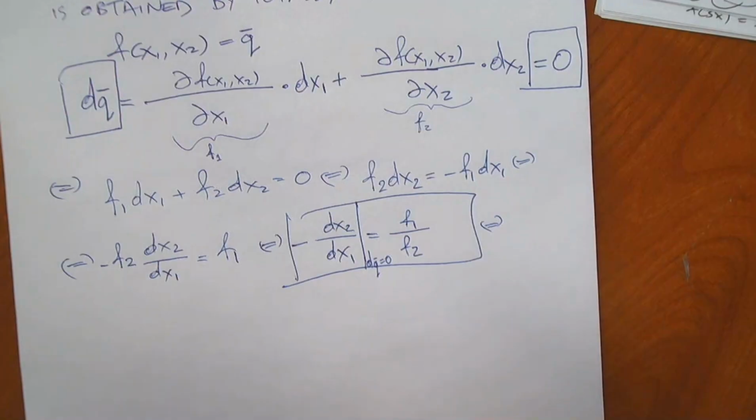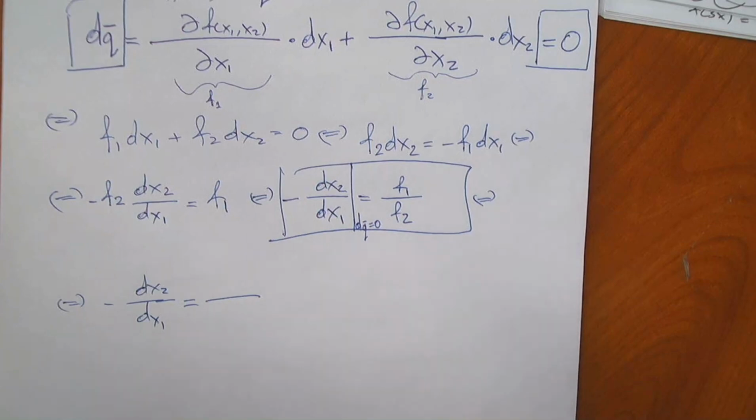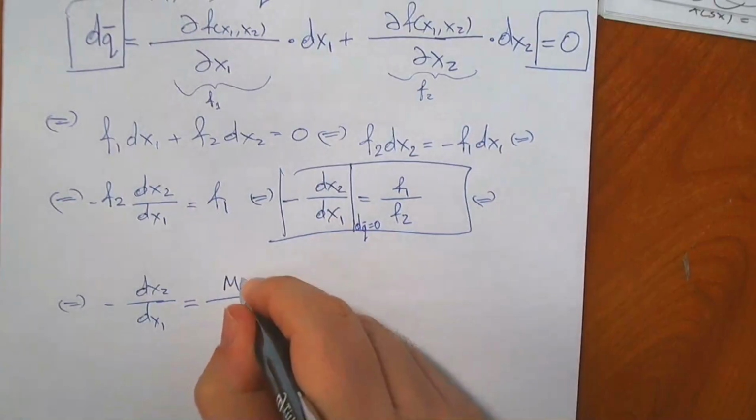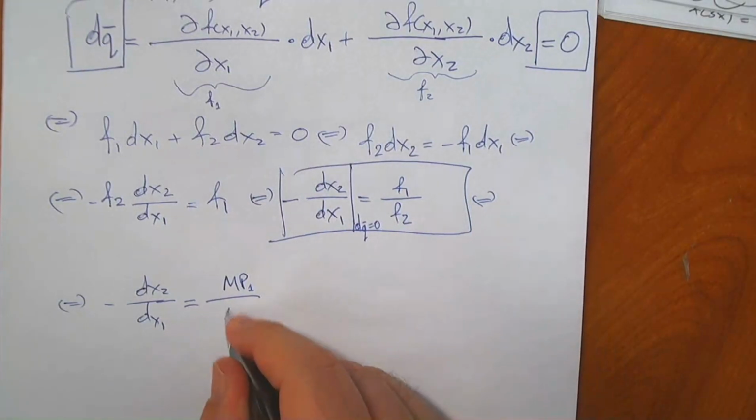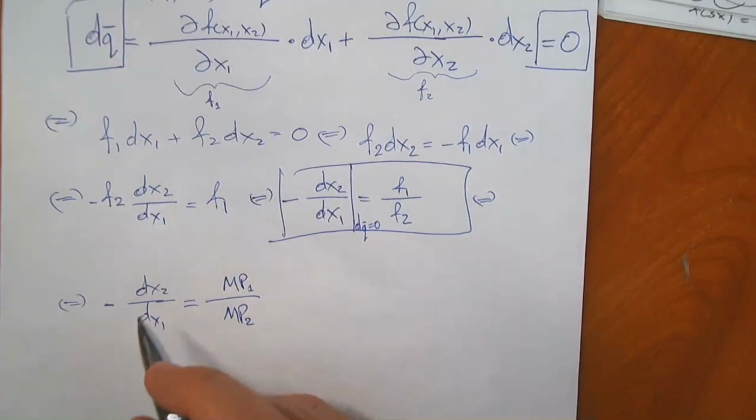This is equivalent to saying that minus dx2 over dx1, so that's the slope, the MRT, is equal to, well, what would be f subscript 1 as an economic concept? F is a production function. What is f1? It's the marginal product of input 1. Okay, so MP subscript 1, and obviously f2 is the MP of input 2 in general terms, right?